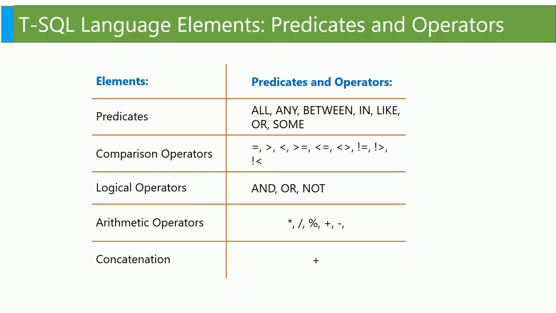Logical operators: AND, OR, NOT. Arithmetic operators are multiply, divide, modulo, plus, minus. And concatenation is a plus. All these operators we are going to learn in our coming videos, and how you can use these predicates and operators. This video is just to give you an introduction to the SQL elements.